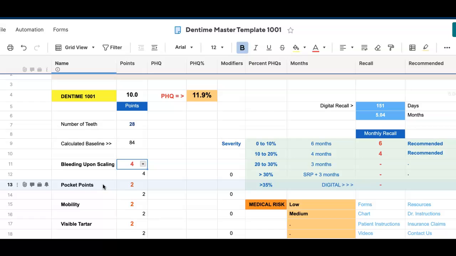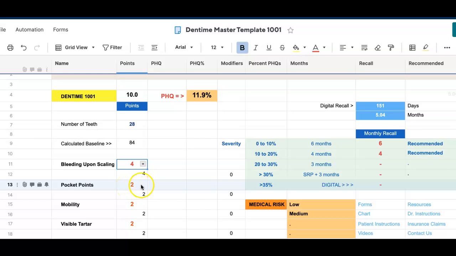So let's say I went through the upper right quadrant and I had 2 sites, each of which was a 4 millimeter pocket reading. 2 sites, 4 millimeters is 1, 2 over normal.